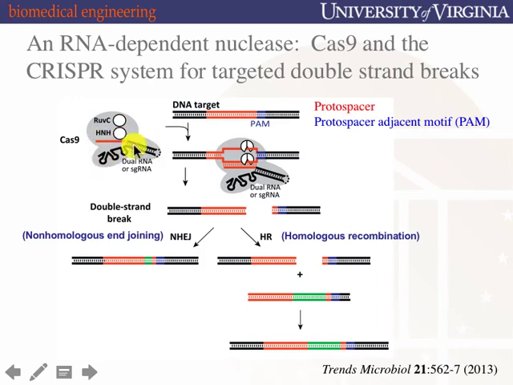That CRISPR strand couples with this, I think it's called a tracer strand. And what happens is this little leader sequence right here, this RNA leader, will use complementary base pairing to target the endonuclease activity to very specific regions.